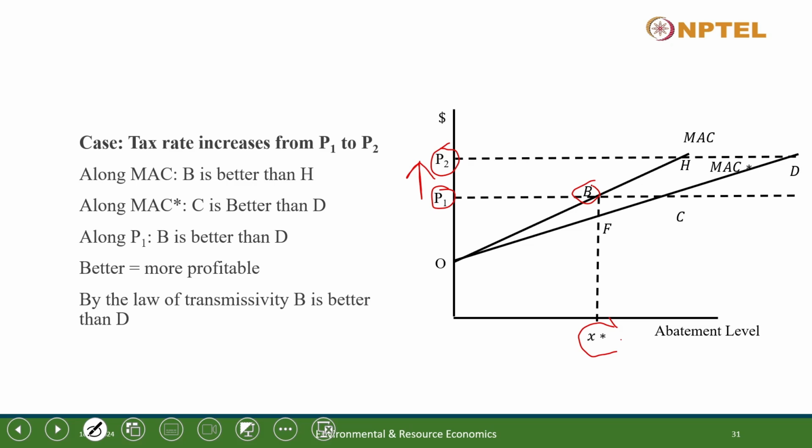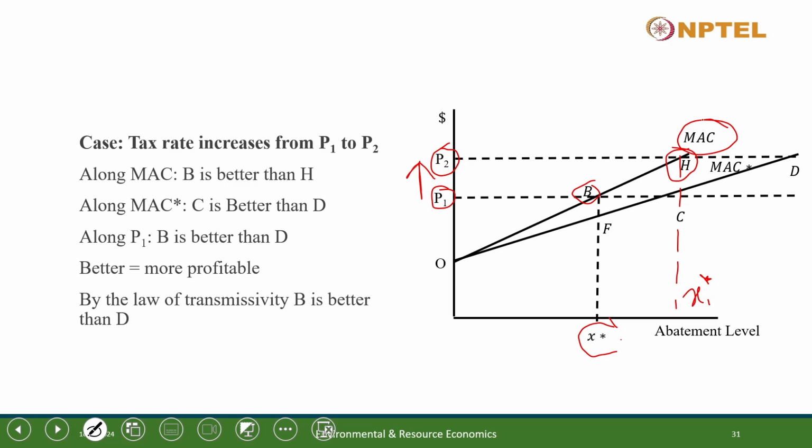However, I increase the tax towards P2. So my H point will be the point where optimality is achieved, and this X1 star will be the level of pollution abatement beyond which I will choose to pay tax. This will be when the marginal abatement cost curve is without any investment.